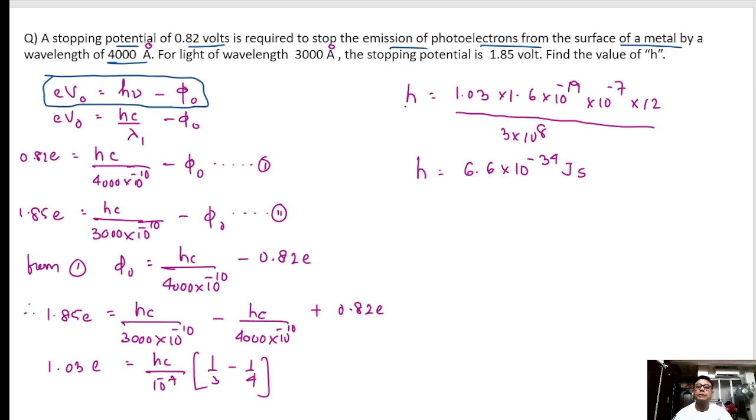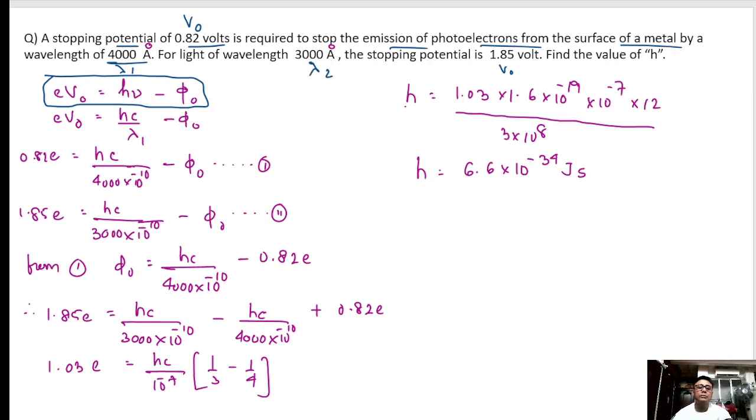Stopping potential is given to us already, and the wavelength is given to us. They are telling us this is the stopping potential if the wavelength is this, and this is the stopping potential if the wavelength is given as this.